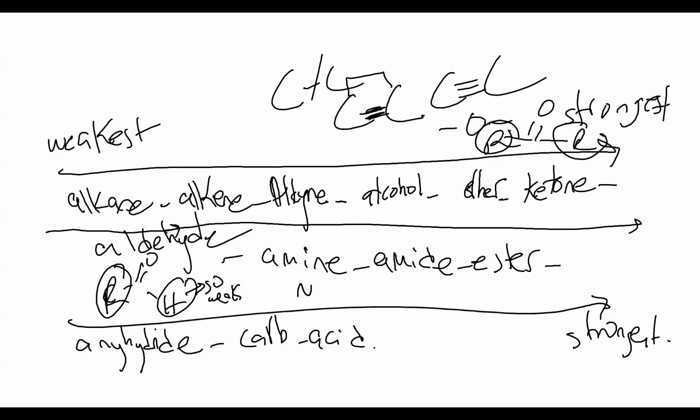Amine is the NH. Nitrogen is one of the strongest elements we have. Amide is NH, but the carbon is bonded to an oxygen, so it is also strong. Okay.